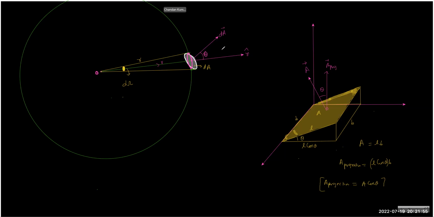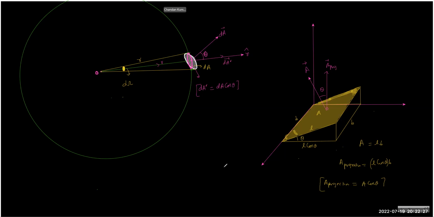So if dA is the area of the surface, what is the area of this surface, the pink one? Let's call it dA dash. So dA dash can directly be written as the projection, which is dA cos theta. Because dA is given to us and we're looking for dA dash, which is the projection of dA.